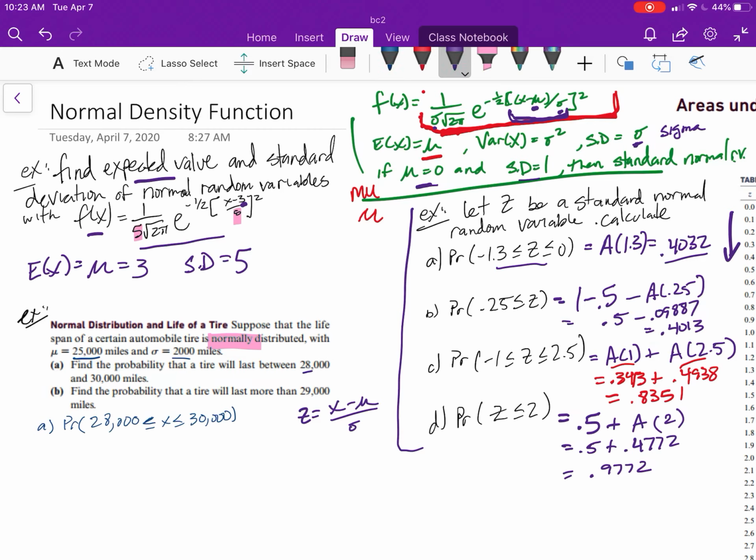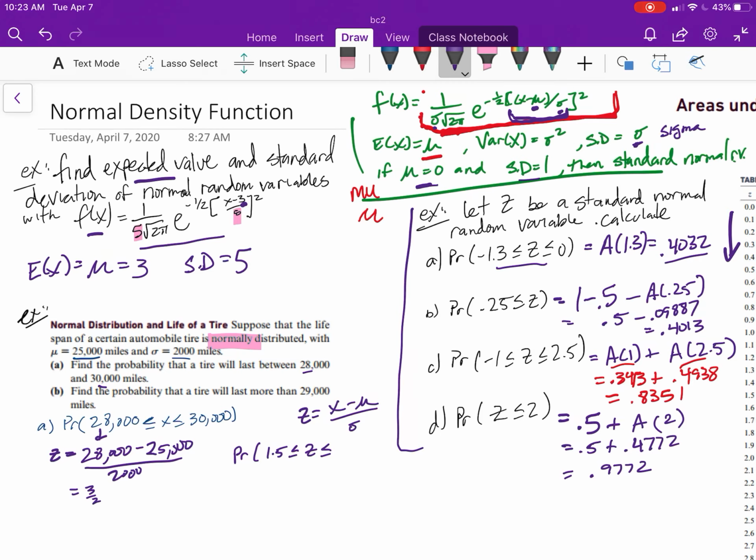So we just plug these values straight into this z-score. Okay, so for 28,000, that z-score is going to be 28,000 subtract 25,000, divided by 2,000. So 3,000 divided by 2,000, or 3 over 2, is 1.5.